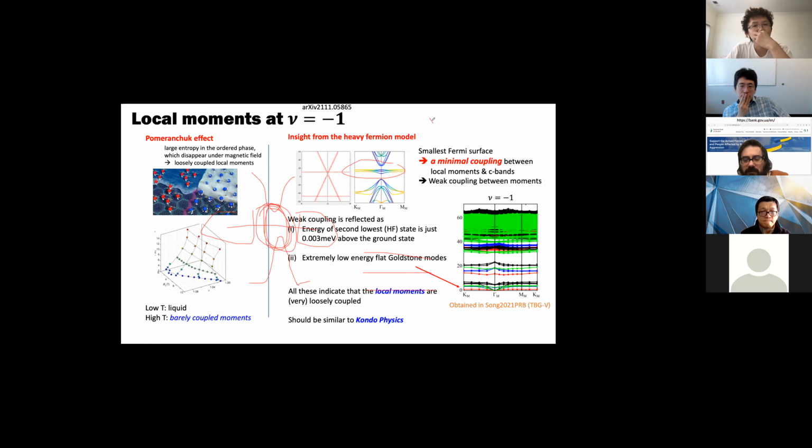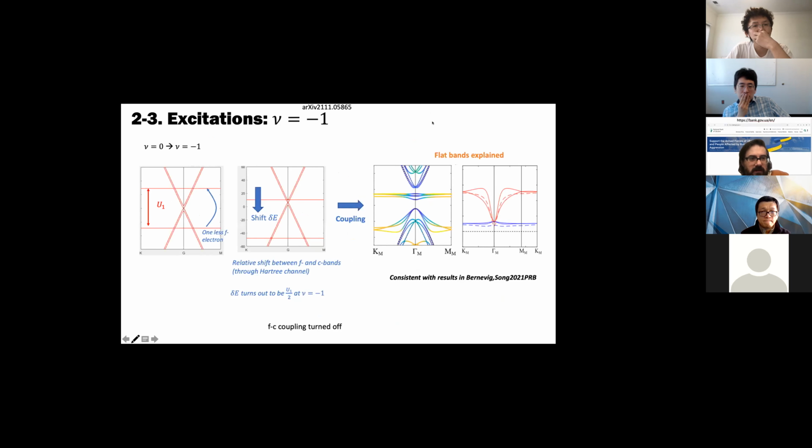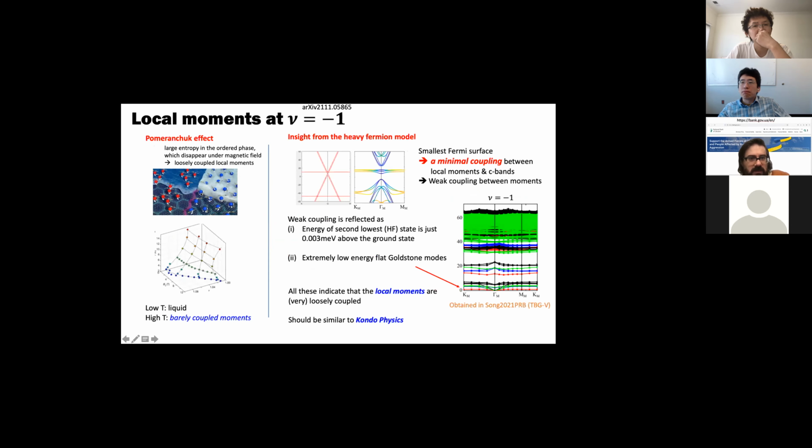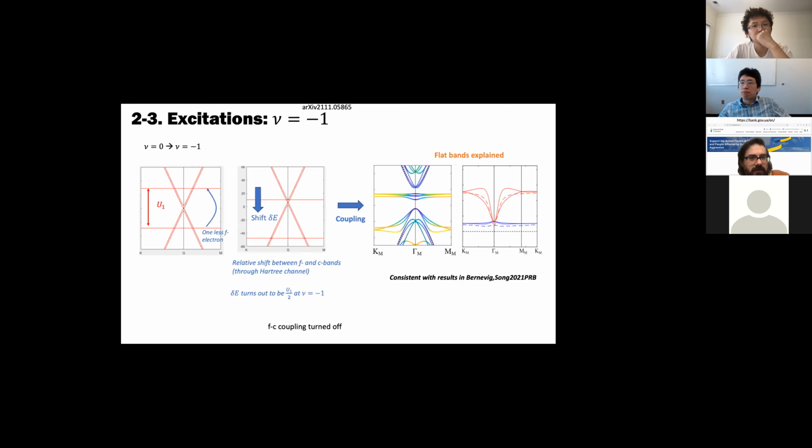At filling 0, for example, you have the heavy fermion coupled to some high density of states. So at filling 0, you're not going to get loosely coupled moments anymore, because this large Fermi surface actually couples these moments strongly.